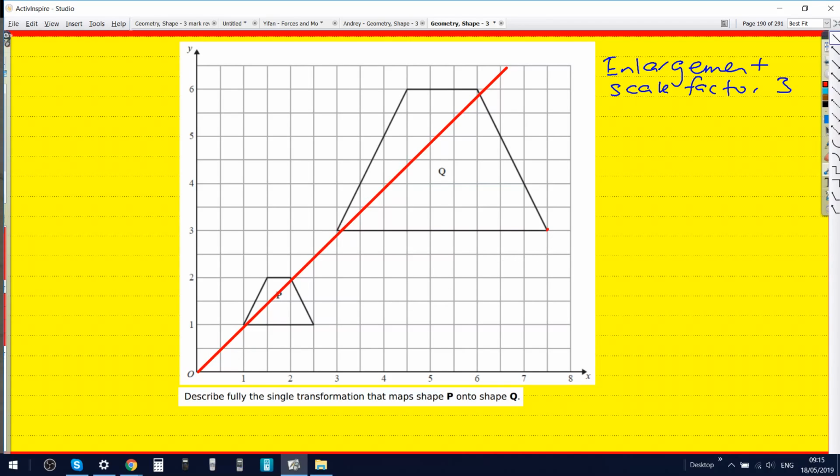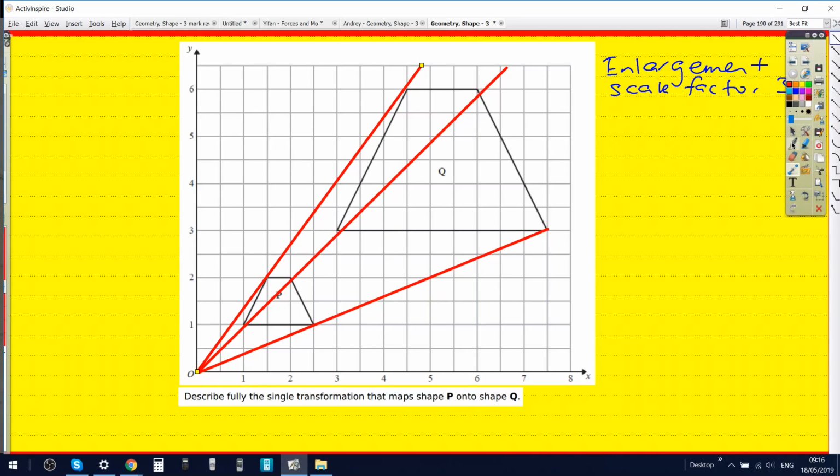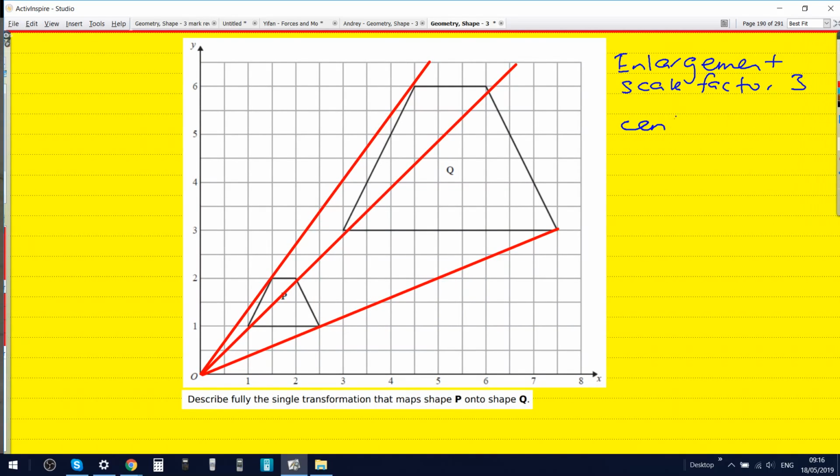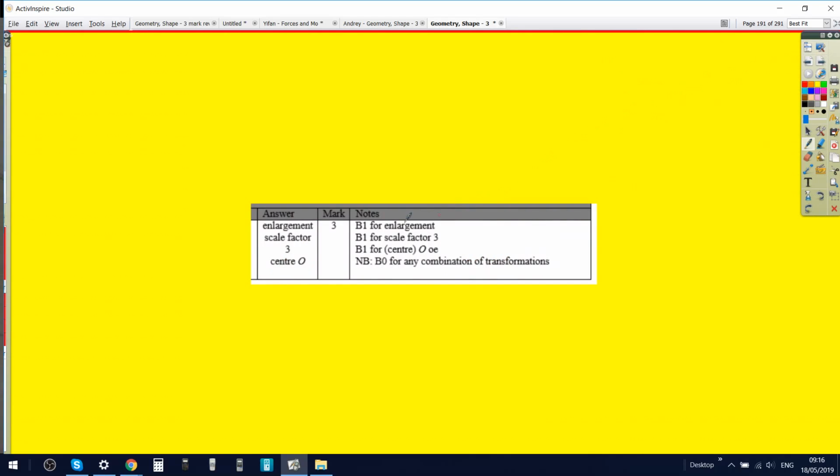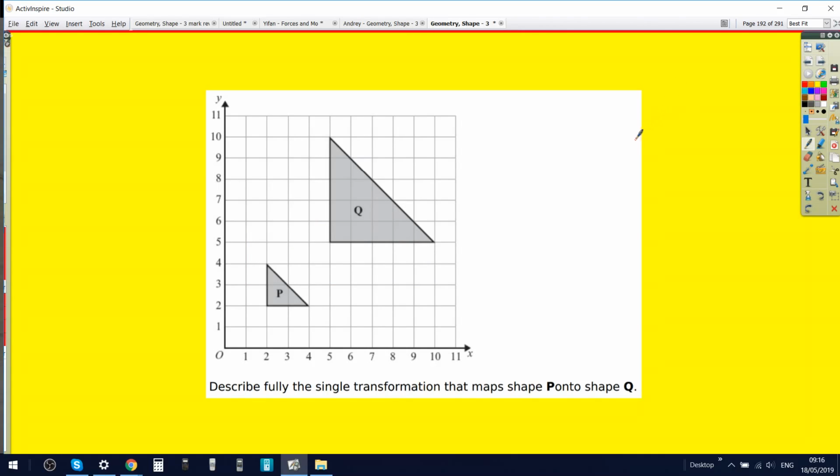And then let's say these two corners. Extend that all the way. So where is the center of enlargement? Does it start from 0? Yeah. And so you say center 0, 0. Enlargement scale factor 3, center origin.